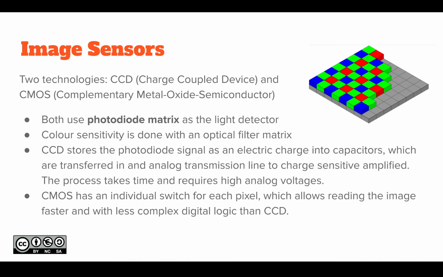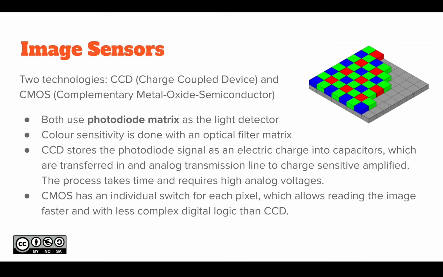And the mechanism of transferring that charge from the photocell to the charge sensitive amplifier is an analog charge transferring matrix or line.